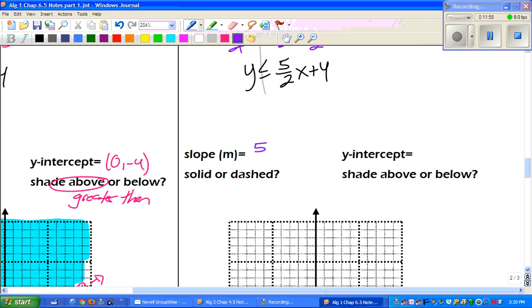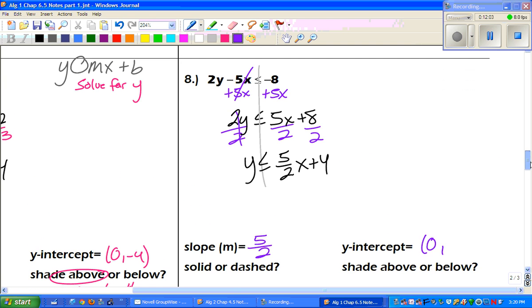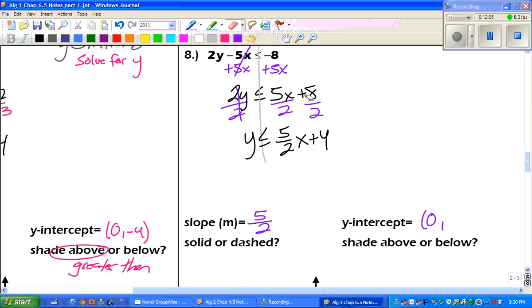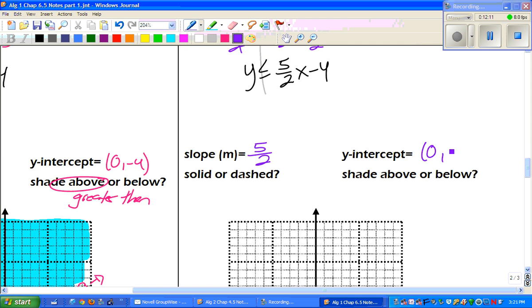So our slope, 5/2. Our y-intercept is 0. Hopefully you guys were yelling at me. That's a -8, which turns to a -4. It's solid. And then we shade below.